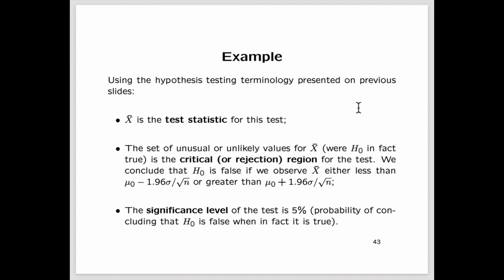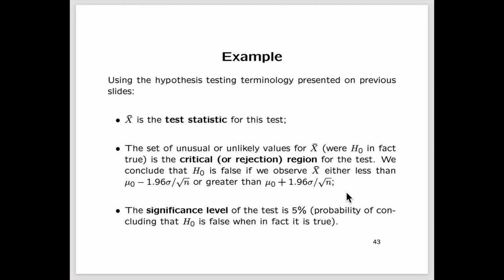All right, in particular, using this strategy, we would conclude that the null hypothesis is false if we observe a value of x bar either less than this lower endpoint here or greater than this upper endpoint. And then associated with this test, this 5% that we've been using for this conceptual example represents the significance level of the test.